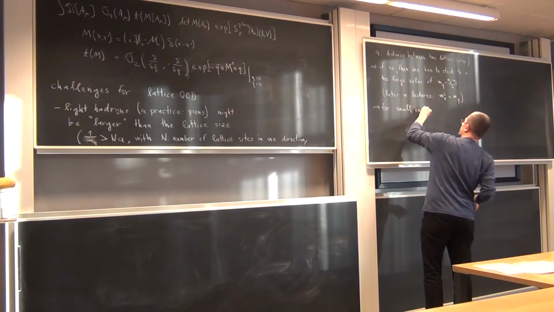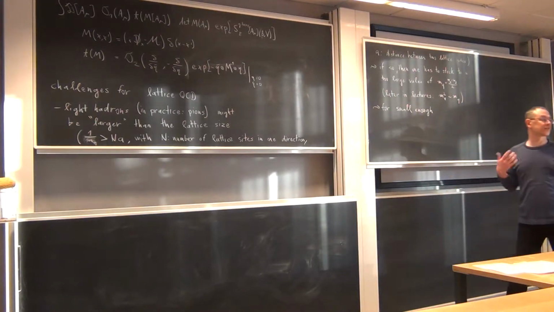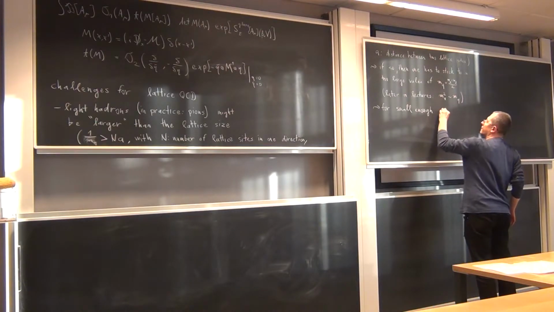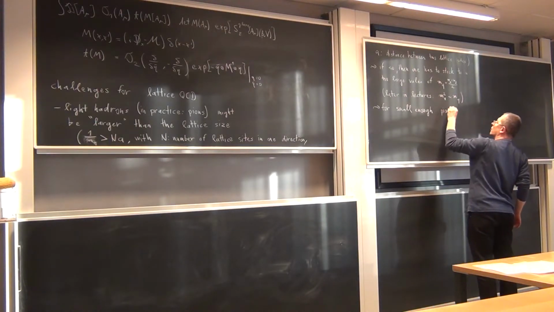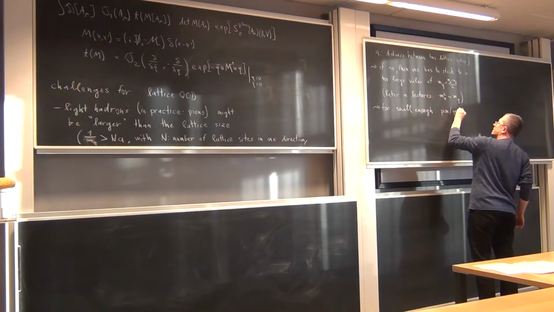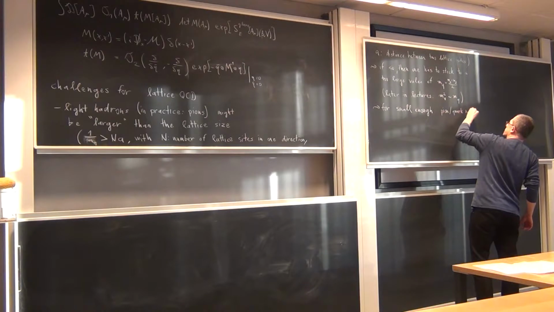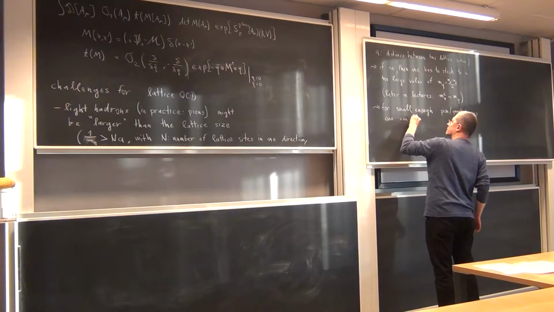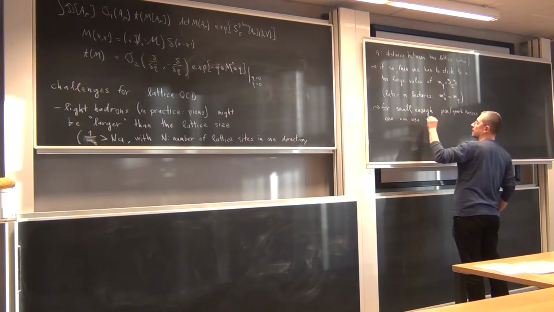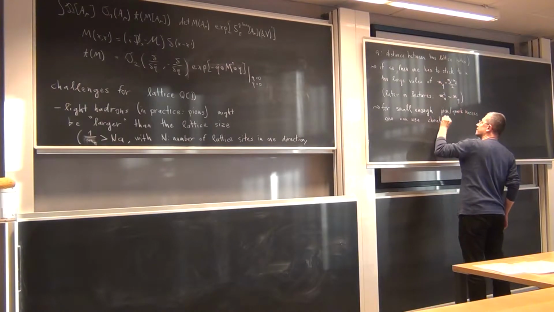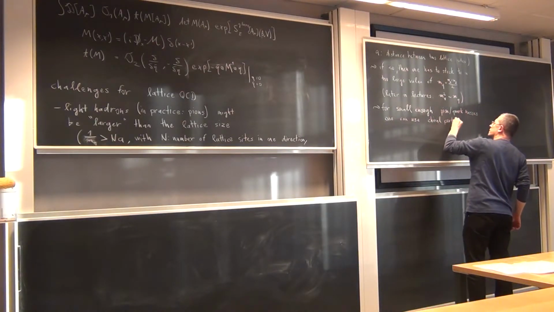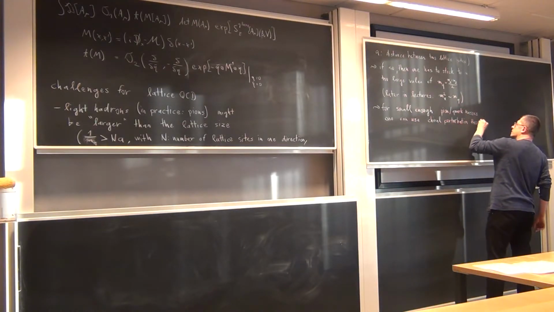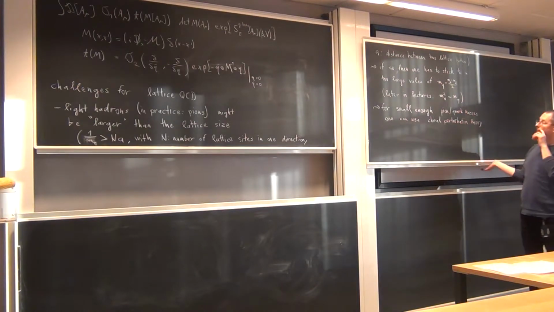For small enough, and again this is something which in practice one has to explore what does small enough mean, for small enough pion masses, pion or quark masses, one can use chiral perturbation theory. And again, this is something which will come later in the lectures.